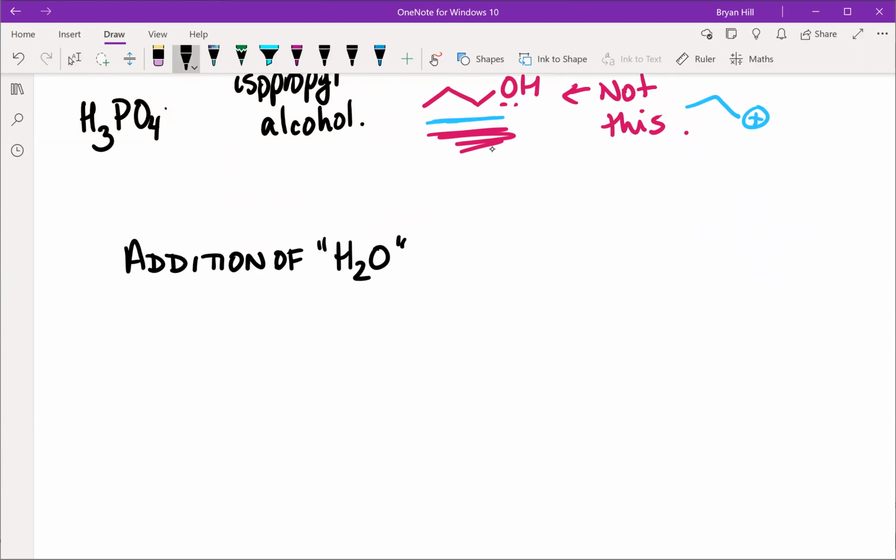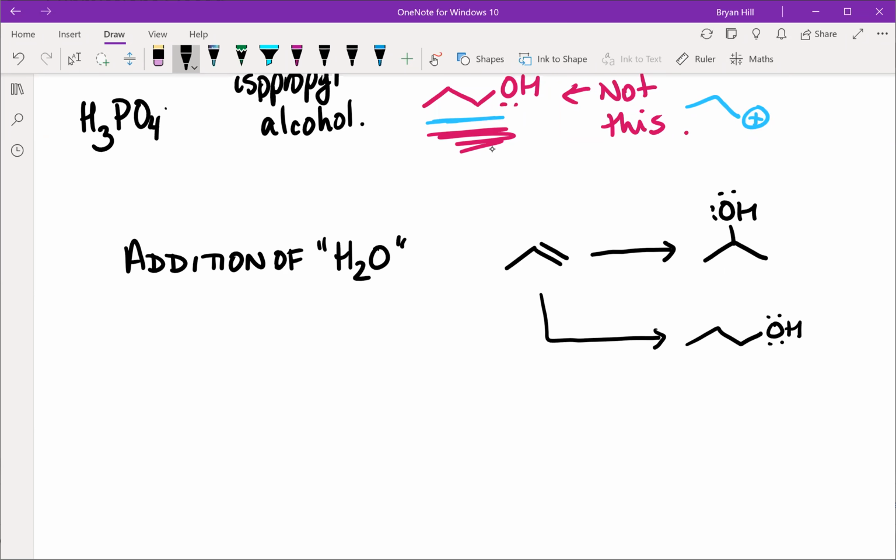And we want to be able to make, if you have, say, propene, we want to be able to make, say, isopropanol, and we also want a method which can make propanol.